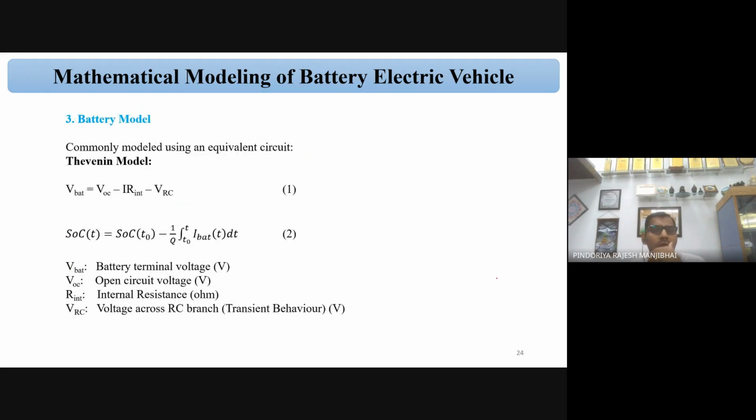The third one is the mathematical model for the battery. We can say the Thevenin model. We already know the Thevenin model, which is nothing but the equivalent Thevenin circuit with VTH, RTH, and RL.